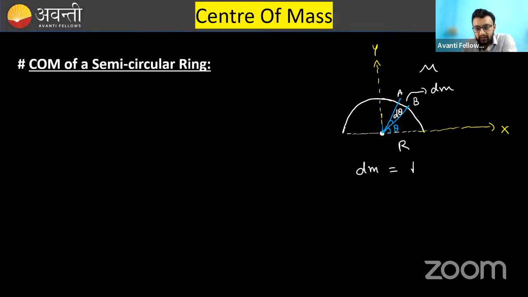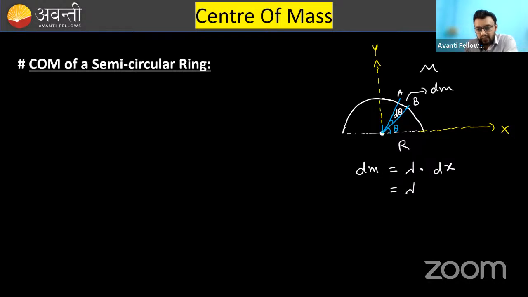So we will use lambda into the length of this small portion. Let's suppose the length is dx. Can you calculate the length of this small portion? I think you know the formula for arc length. Arc length is equal to theta into radius. Is it clear?